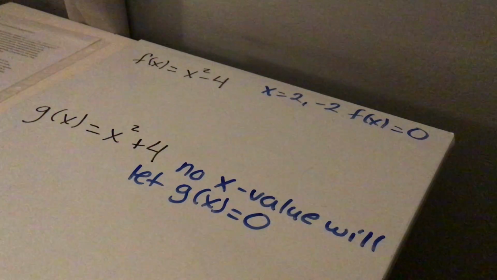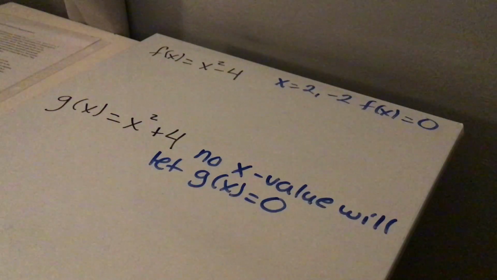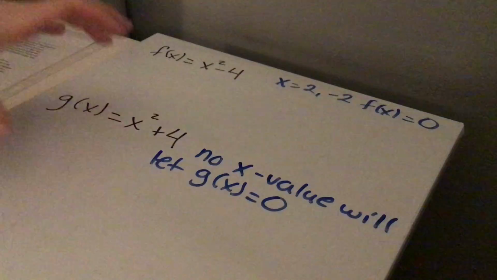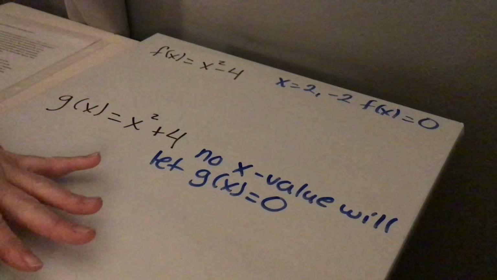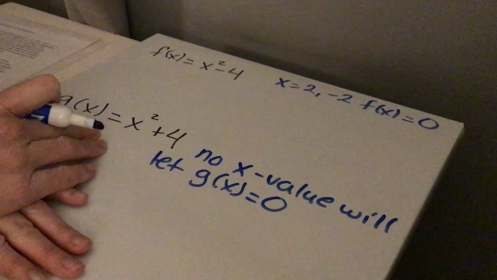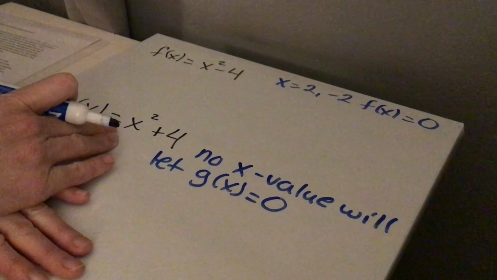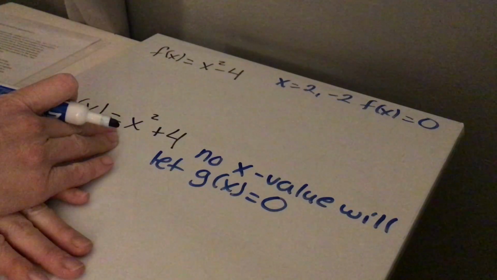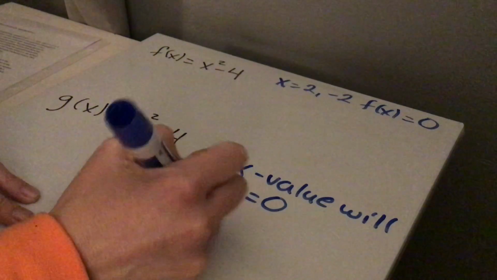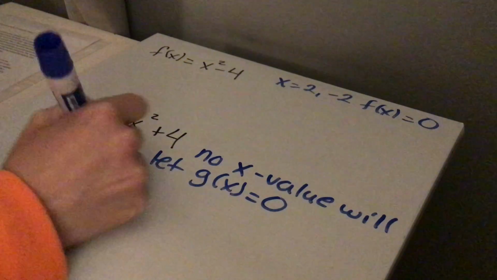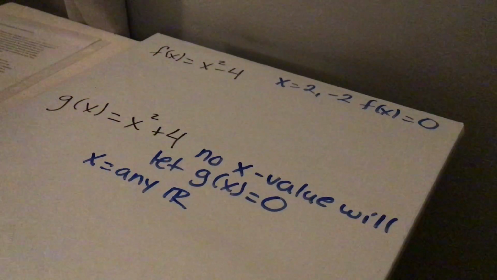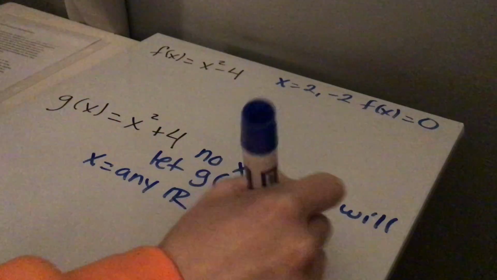Even more than that, no x values are going to make this equal 0. Because it's an x squared term, this is always going to be positive, because none of them will be 0, and any other real number for x squared will be positive.